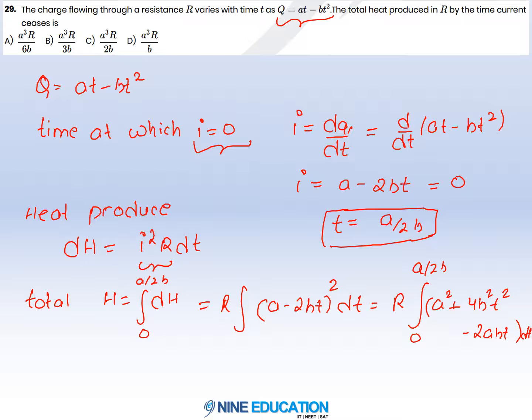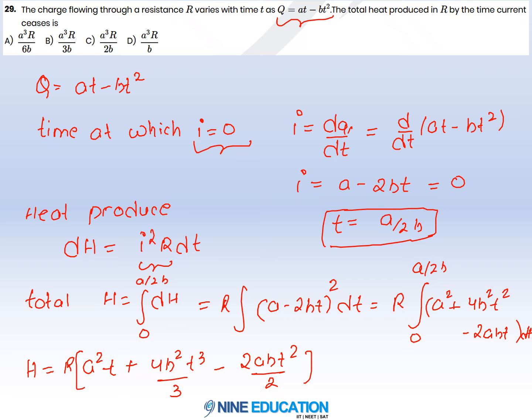dt. So on integrating each term, what you will get: H equals R is common, a square t plus 4b square t cube by 3 minus 2ab, integration of t is t square by 2, and limits of integration are from 0 to a by 2b.